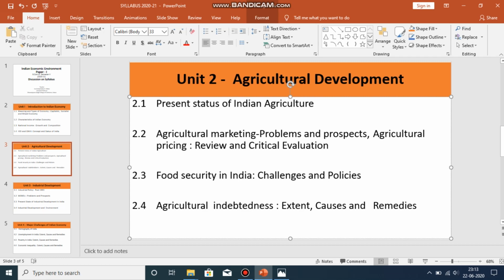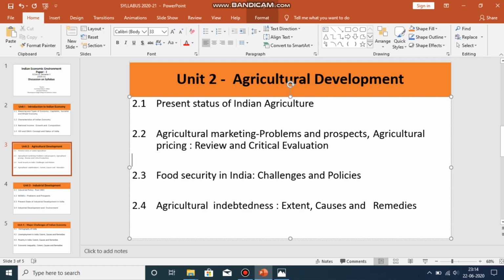In food security, whether our country is in a position to provide ample food grains, whether our agricultural sector is in a position to fulfill the needs of our own individuals, whatever food grains we produce are enough to meet both ends of the individuals of our country. That is the important issue. So food security is related with this particular issue.